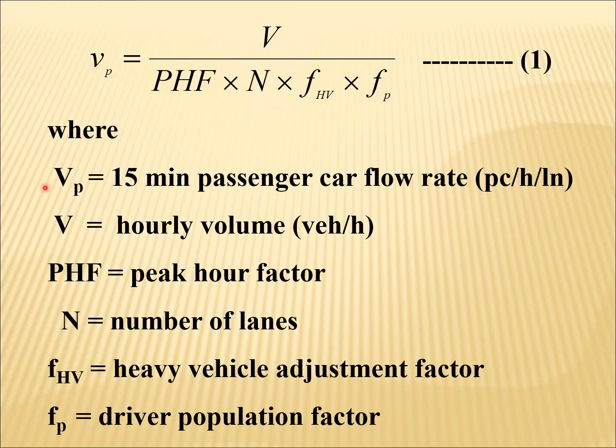So it is in fact the peak 15-minute passenger car flow rate in these units. V is the hourly volume in vehicles per hour, PHF is the peak hour factor, N is the number of lanes, F sub HV is the heavy vehicle adjustment factor, and F sub P is the driver population factor.